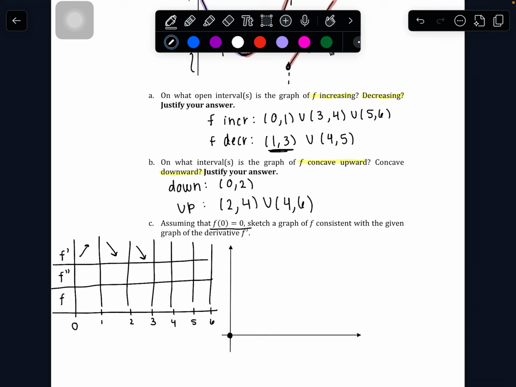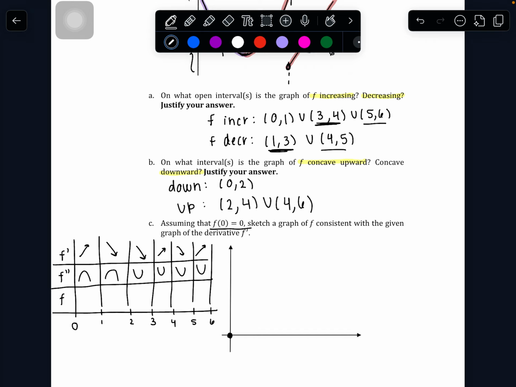From 3 to 4, we're increasing. 4 to 5, decrease. 5 to 6, increase. Okay, let's do the same thing for the concavity. So from 0 to 2, I'm concave down. And then everywhere else, I'm concave up.